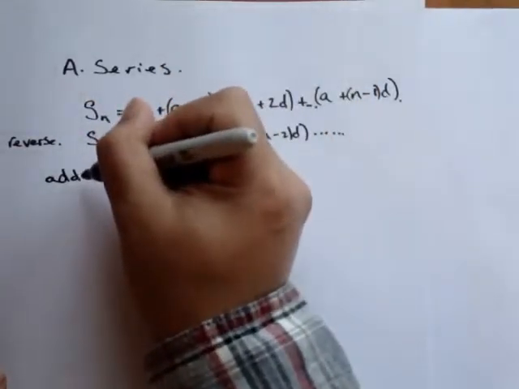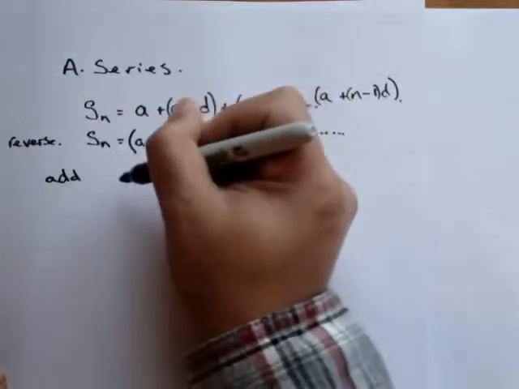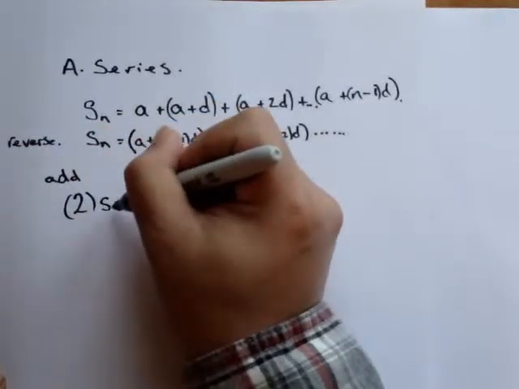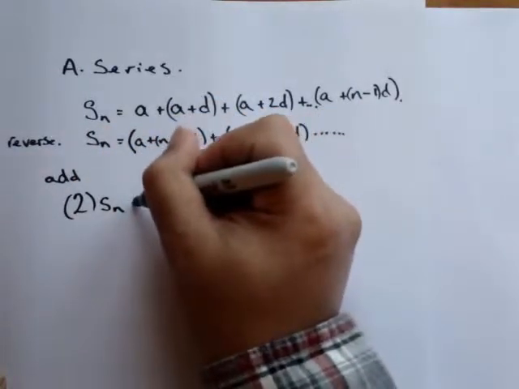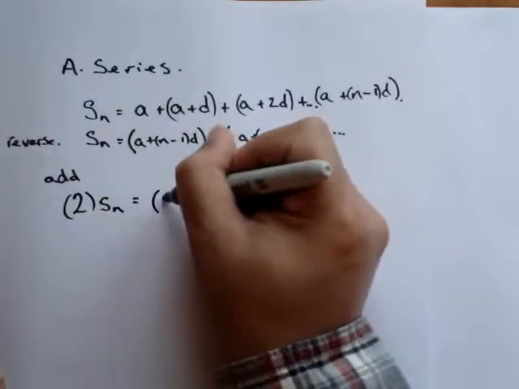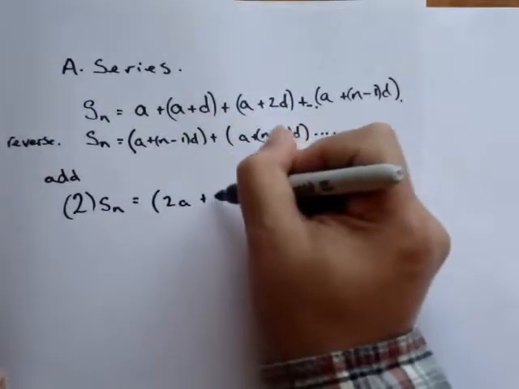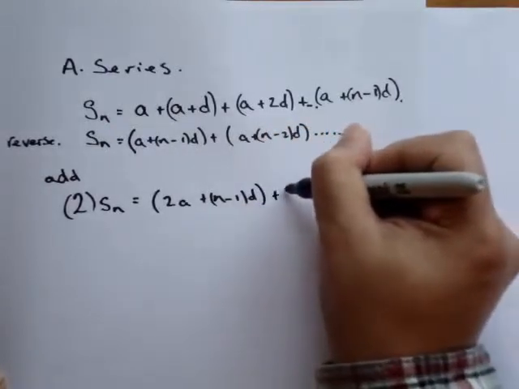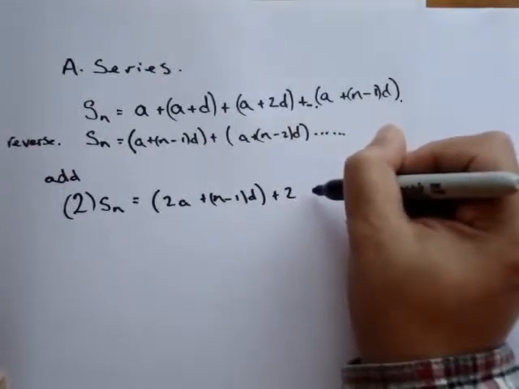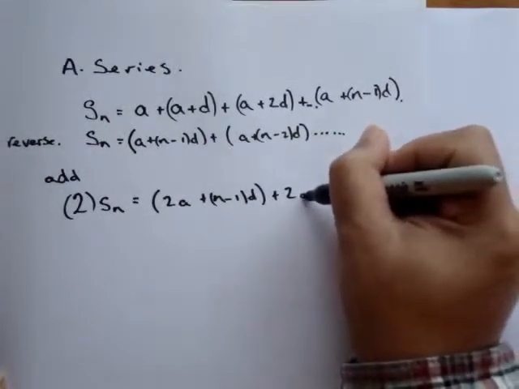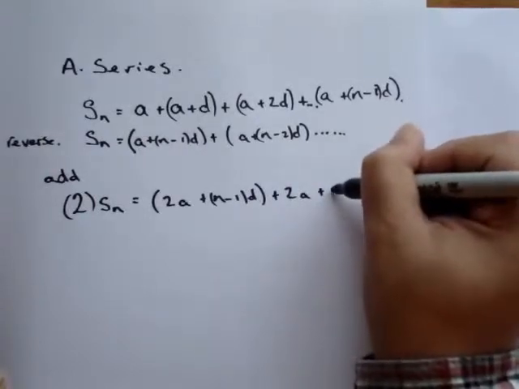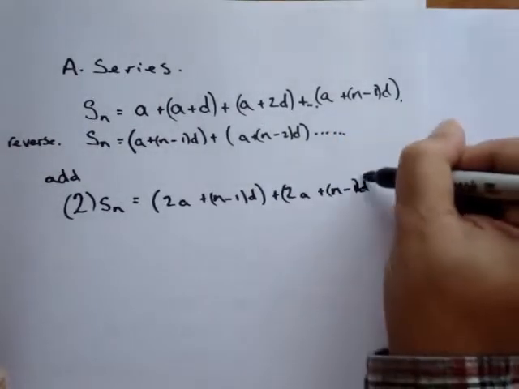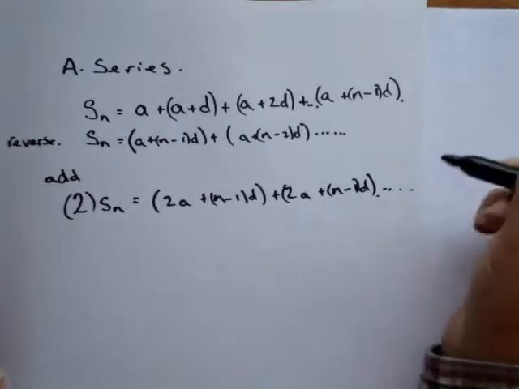When we add these two terms, each pair then becomes, so this is 2 multiplied by the sum of terms, so 2Sn equals 2a plus n minus 1 d plus 2a plus n minus 1 d again, and so on.